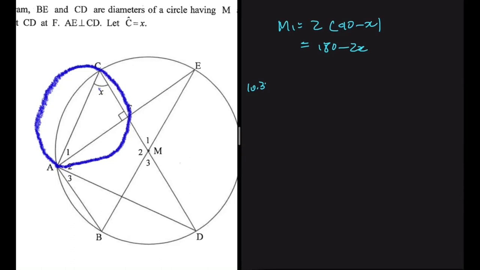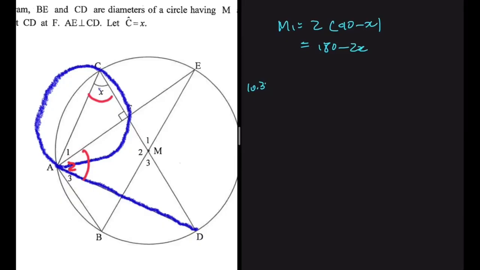So we need to prove that this line AD is a tangent, right? We know fully well that if AD is a tangent, then this angle here, we have A2 here, let's not forget, this angle A2 should be equal to this angle X, right?